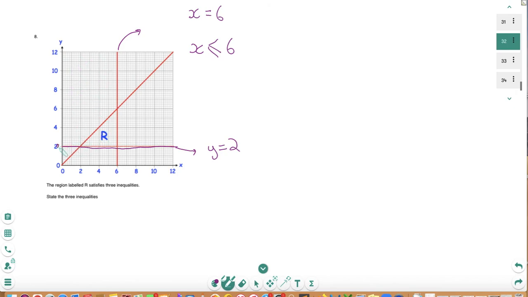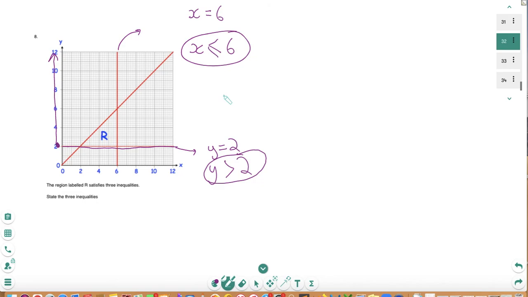So basically all the y coordinates above 2. So we can say y is greater than 2, because the y coordinates must be more than 2. And then, since it's a dashed line, we don't need one of these equals to signs. That's it. So this is our first answer. That's 1 mark. 2 marks.